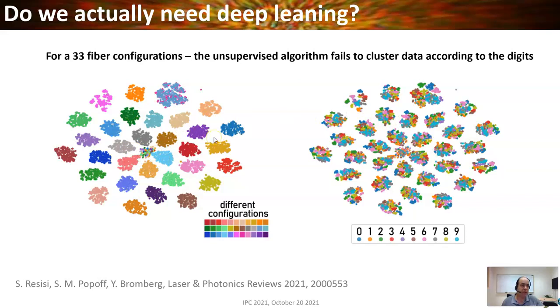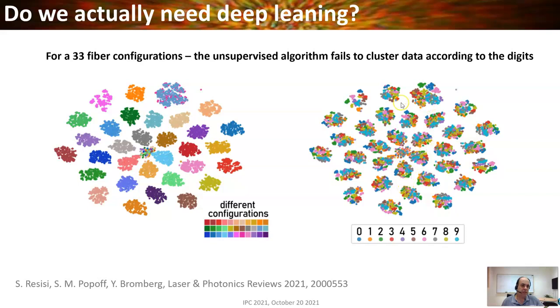The two images we show here are actually from the same data set. The only difference is the different color coding. On the left, the color code corresponds to different configurations, showing that the unsupervised algorithm can cluster the patterns according to their original configuration. However, on the right, we do the color coding according to the digits, and we see that this unsupervised algorithm cannot discriminate between different digits.